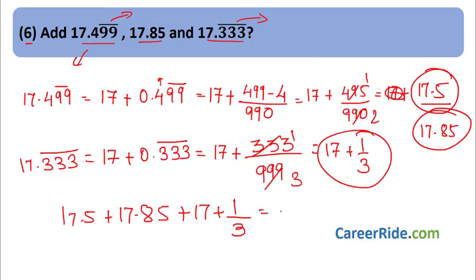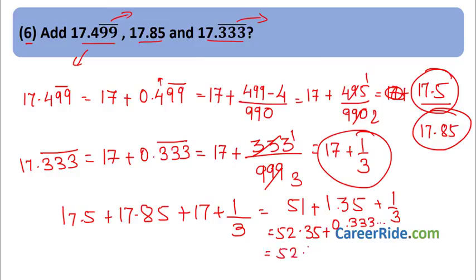That would be 17 plus 17 plus 17 is 51, plus 0.5 and 0.85 is 1.35, right, plus 1 by 3, that would be 52.35, plus what is 1 by 3? 0.333 continuously, right, that would be 52.3 plus 3 is 6, 5 plus 3 is 8, 3 continuously, that can be written as 52.683 bar, okay. So this is the answer.